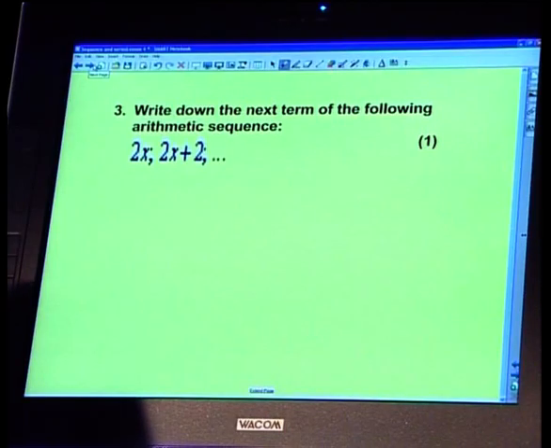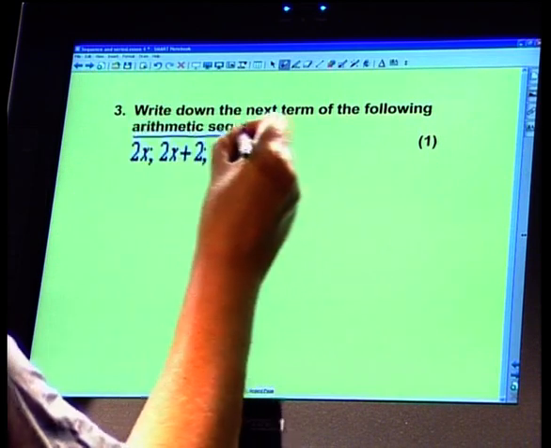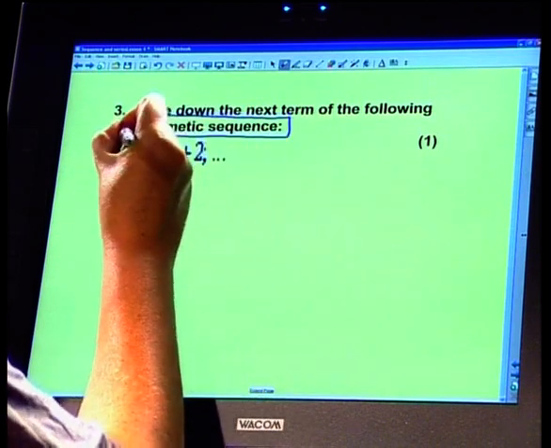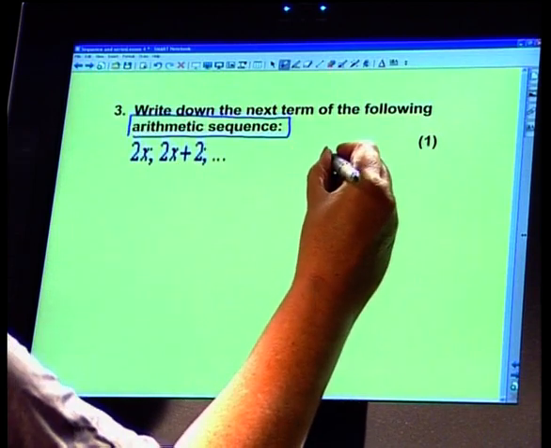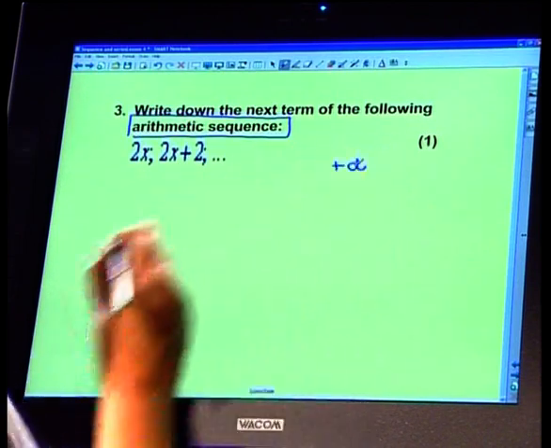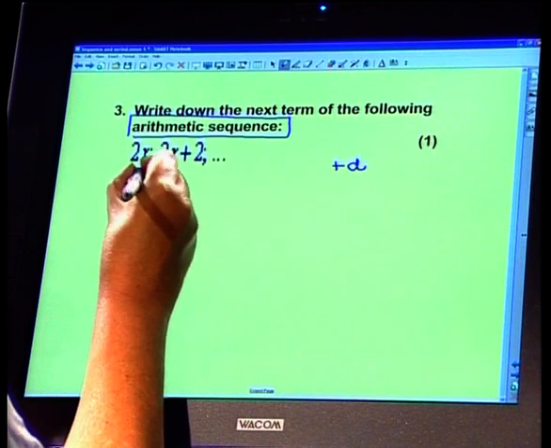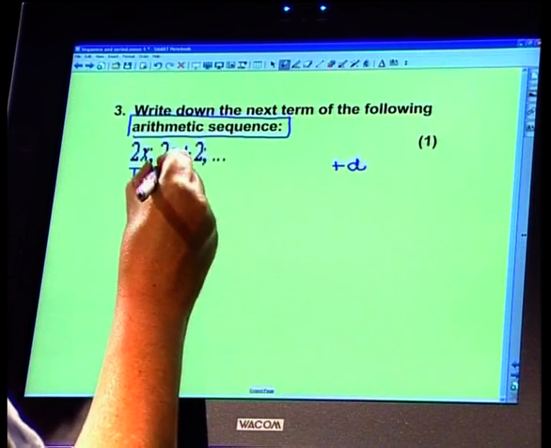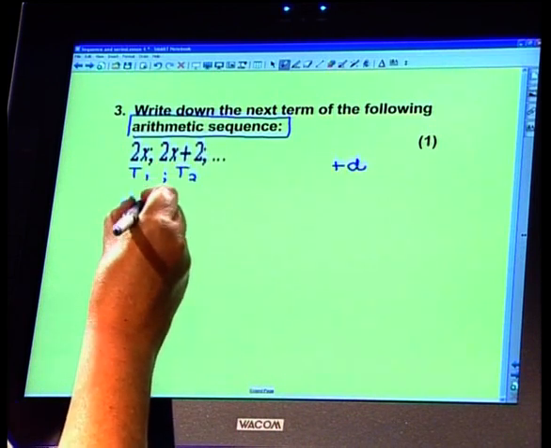The next example says, write down the next term in the following arithmetic sequence. Now, they've told me it's arithmetic. And if it's arithmetic, I know that I'm adding on a constant difference. Now, if this is term 1 and this is term 2, can I work out the difference? Yes, I certainly can.